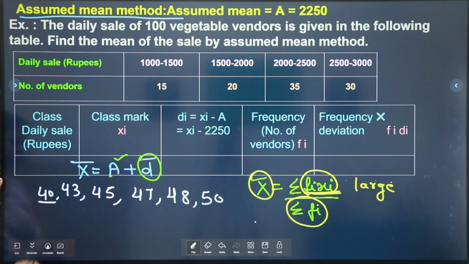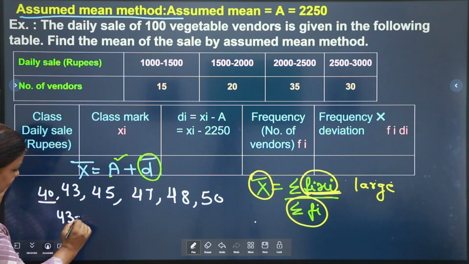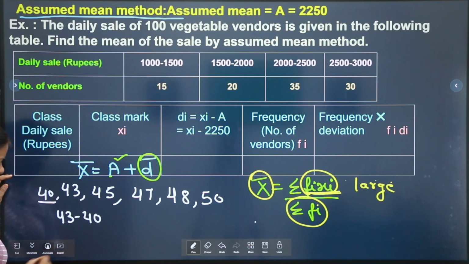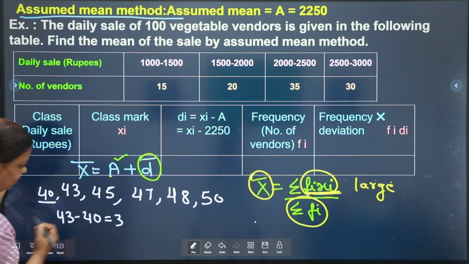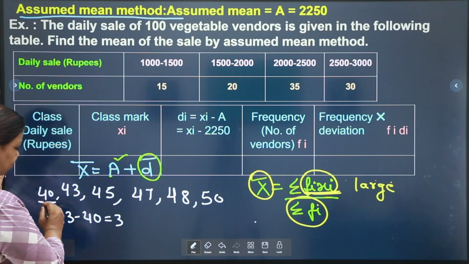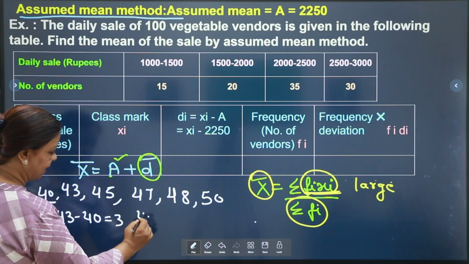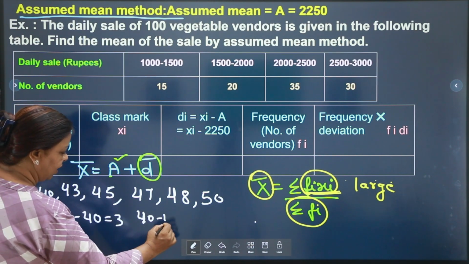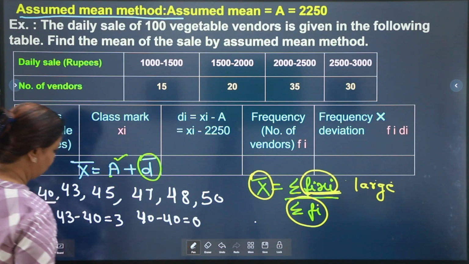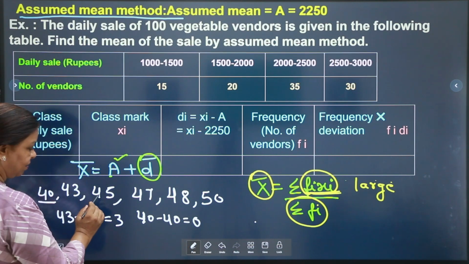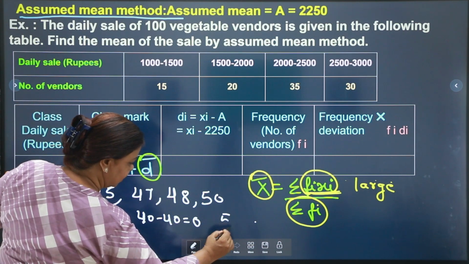Then my assumed mean is 40. From 43 I subtract 40, I get 3. From 40 I subtract 40, I get 0. From 45 I subtract 40, I get 5.